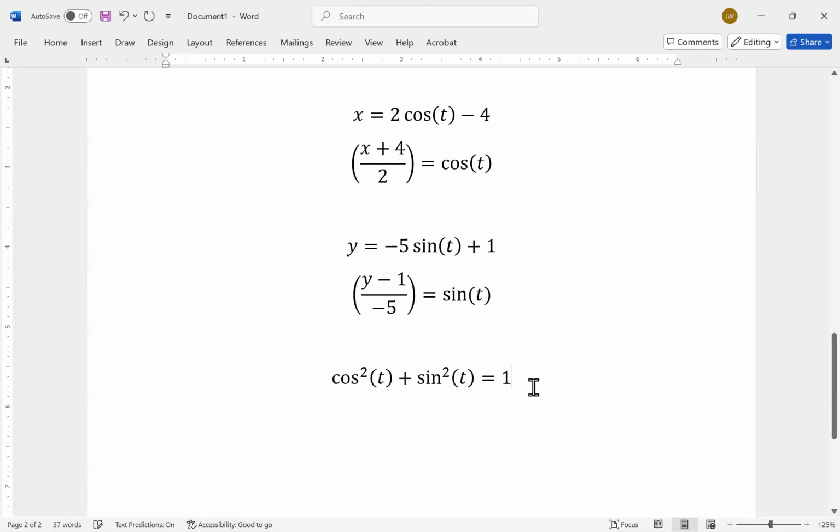At this point, I can use my Pythagorean identity. Cosine squared of t plus sine squared of t is equal to 1. So I'm going to replace the cosine of t with (x plus 4) over 2, and then I'm going to replace the sine with (y minus 1) over negative 5. Let's go ahead and do that.